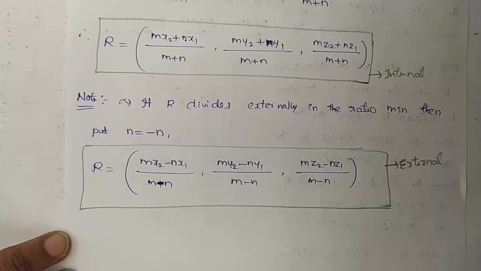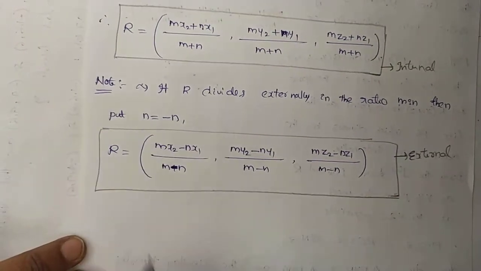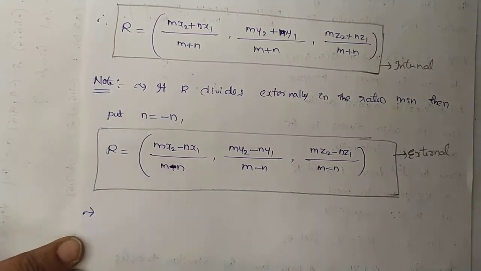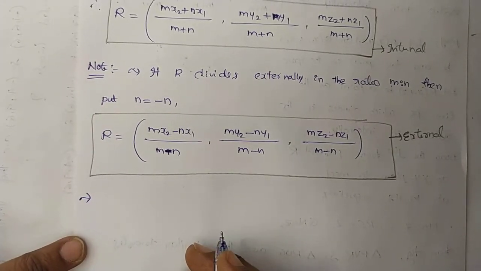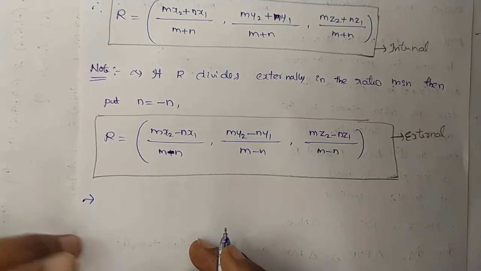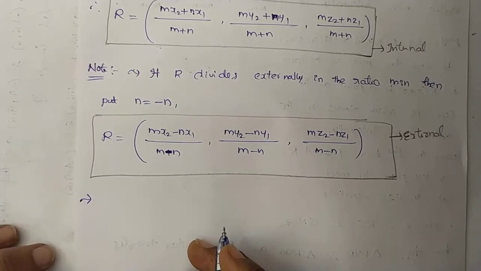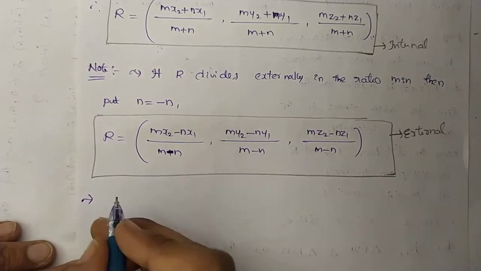Next, what is the formula for finding the coordinates of the midpoint of AB? In 2-dimensional, we know it is x1 plus x2 by 2, y1 plus y2 by 2. So what about in 3-dimensional?